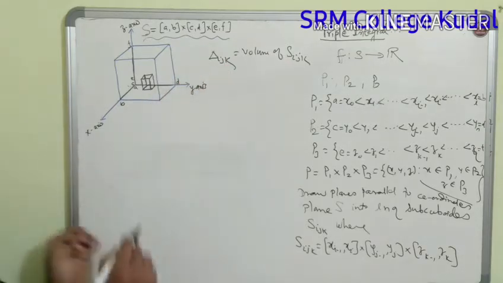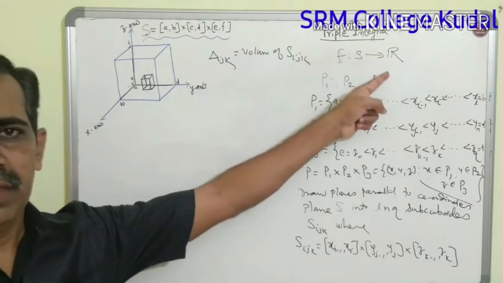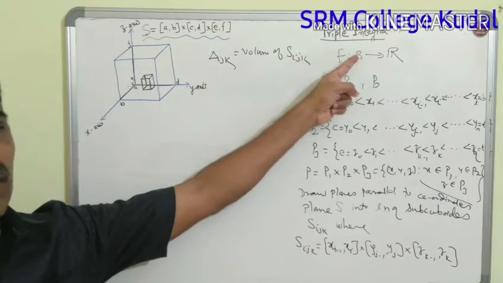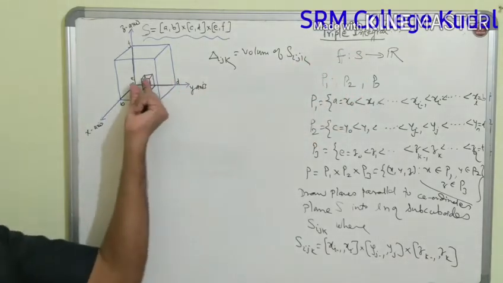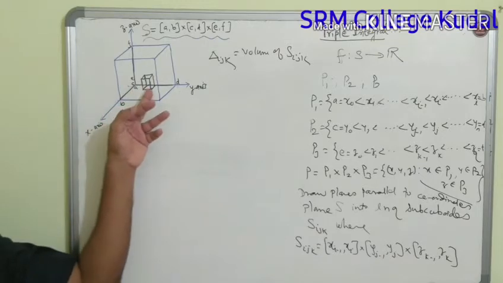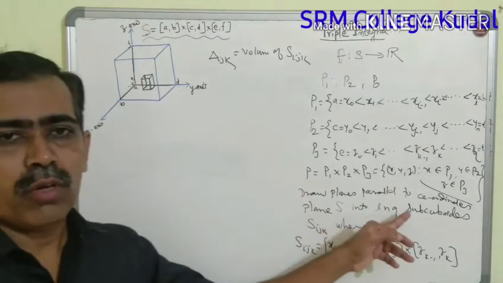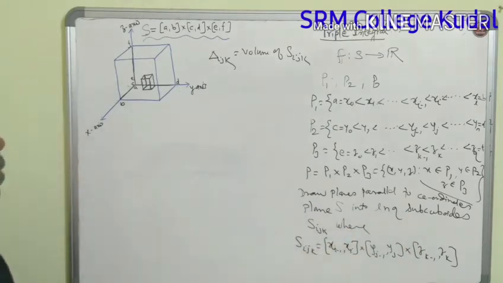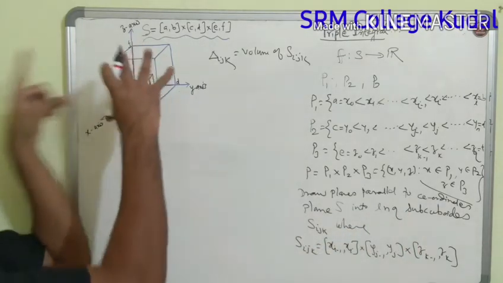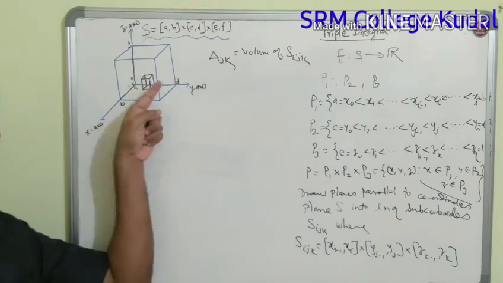Now as our function f is bounded on the whole of this cuboid, it will be bounded on each of the subcuboids. Once again remember, you will have L, N and Q number of subcuboids of this type, and as f is bounded on the whole cuboid, f is bounded on each subcuboid Sijk.